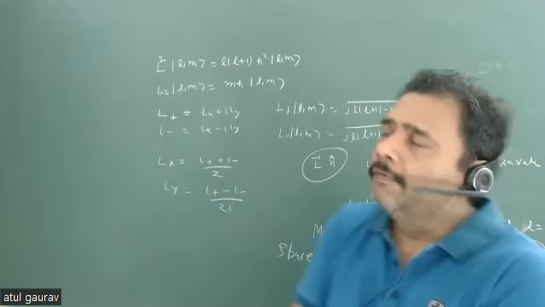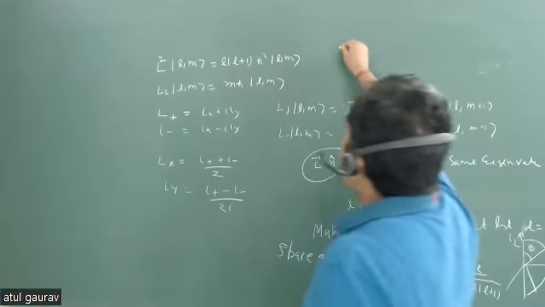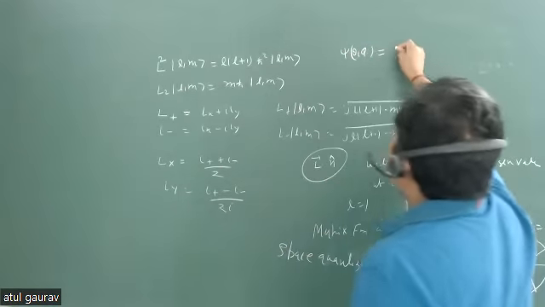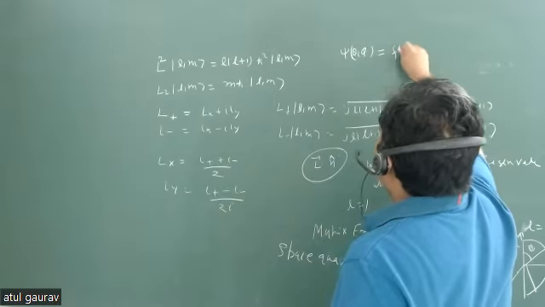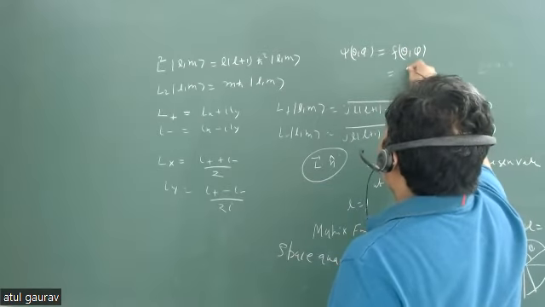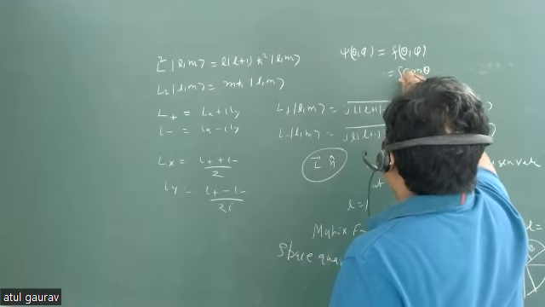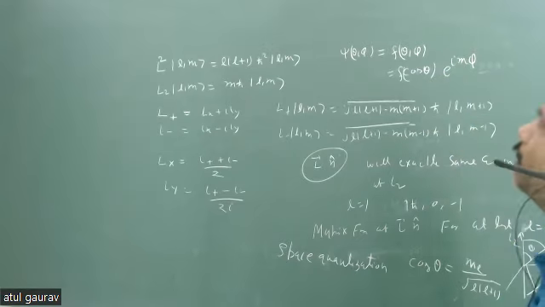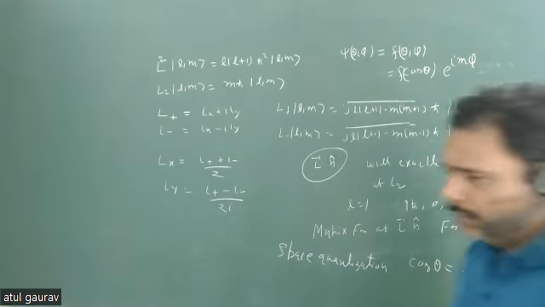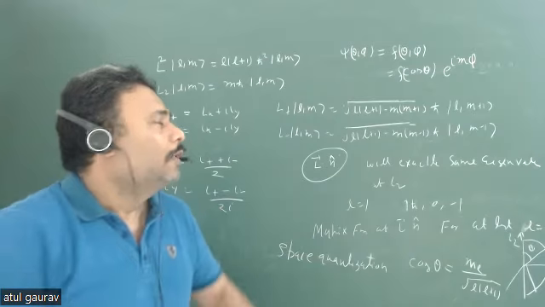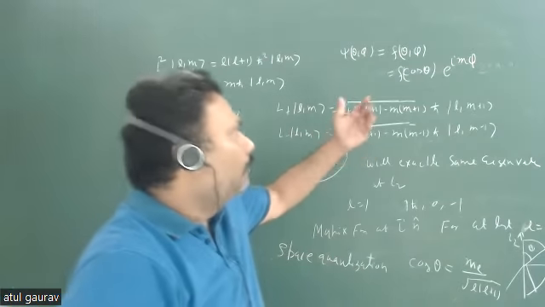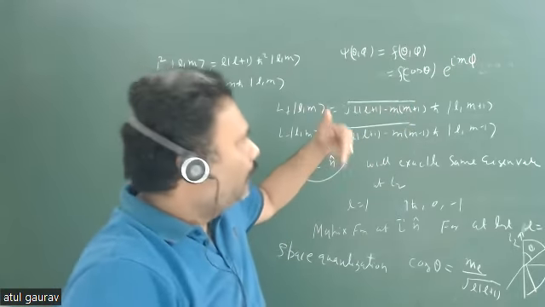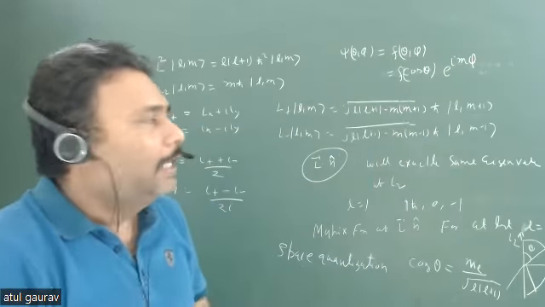But the most important problems are mainly where they will give your function ψ(θ,φ) as a function of θ and φ, and this can be written as some function of cos θ and e^{imφ}. So this type of function is very favorite for your NET examination, and they will ask you what will be the value of m, what is going to happen if Lz is measured, if L² is measured, and all these things.